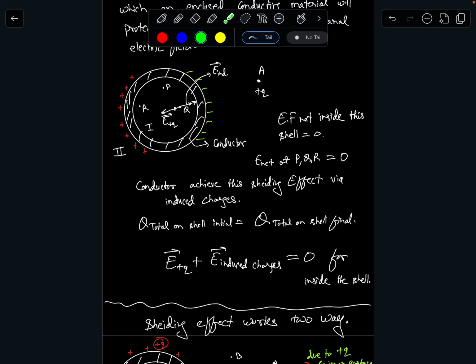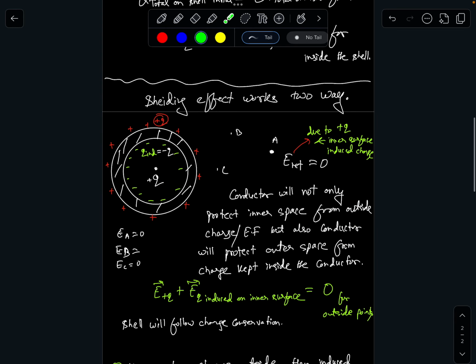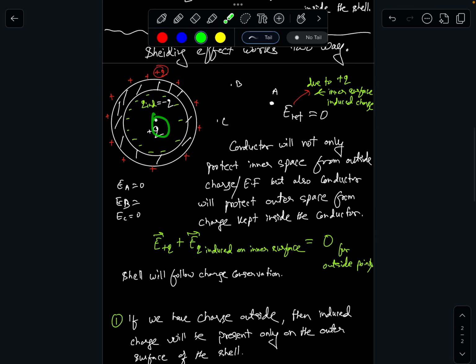How does the shielding effect work? Here we saw that charge was induced only on the outer surface and the net electric field inside will become 0. But if you put a charge inside, then on both surfaces there will be induced charge, inner surface and outer surface. These two will have net electric field outside 0, and the outside charge may have a net electric field here. So that's it.